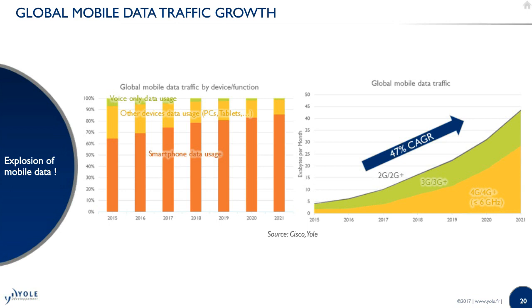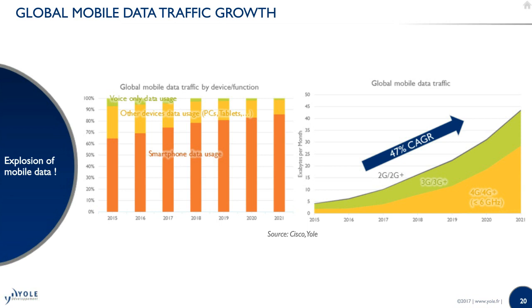And smartphone is still increasing and remains the main data usage system. It represented around 70% of the data traffic last year, and it will keep on increasing to reach maybe something closer to 85% by 2021. So it's a very used platform to do this data traffic.